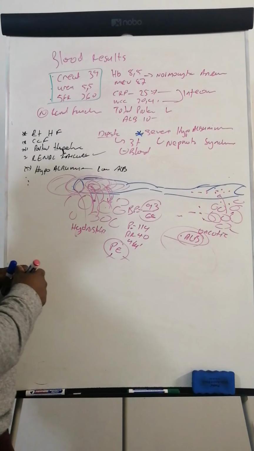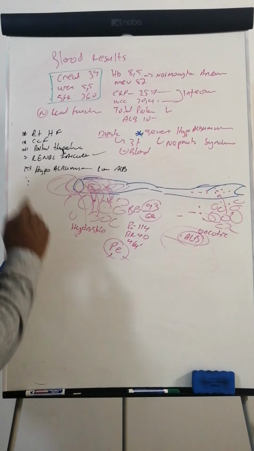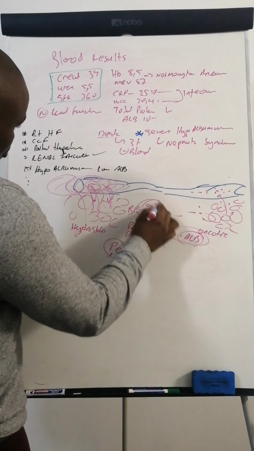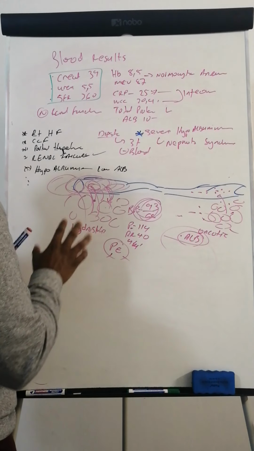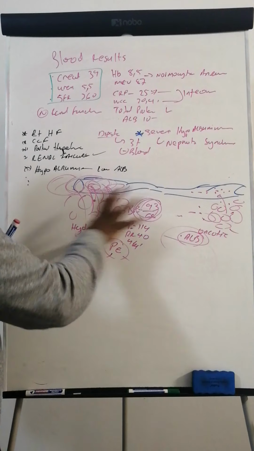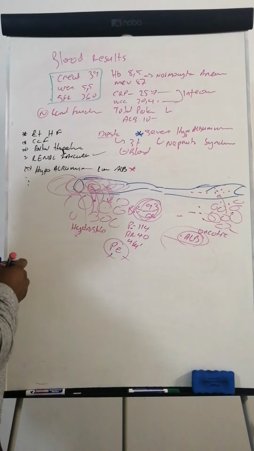So it's important that she receives a diuretic to take out the excess water, but also you don't want to push her into hypotension. The one thing that she needed to correct all of this was to receive albumin.